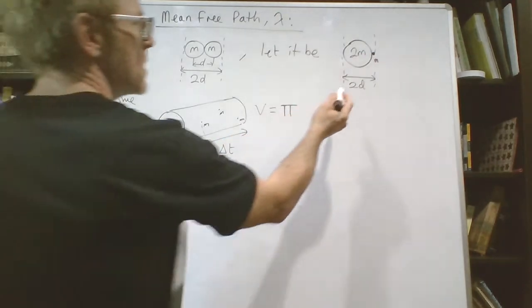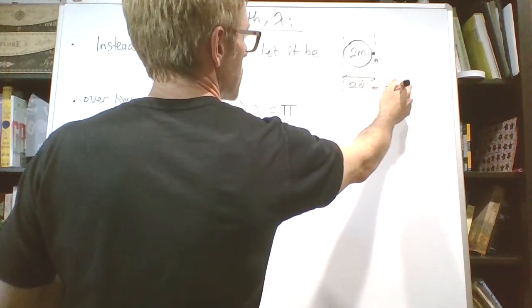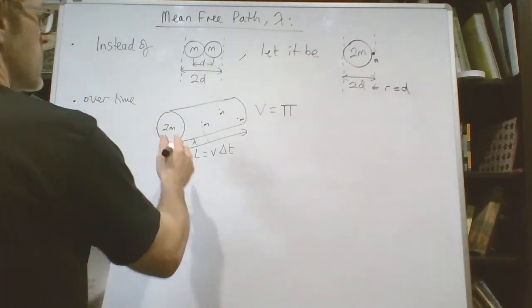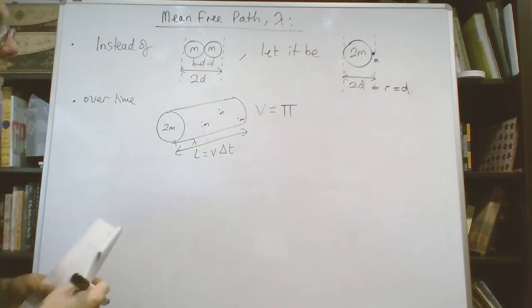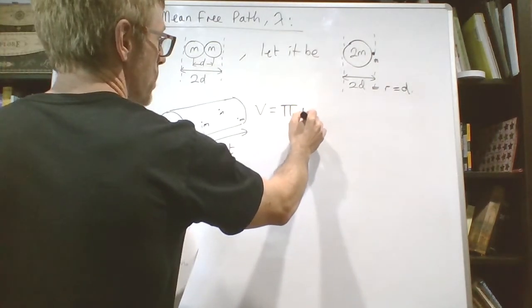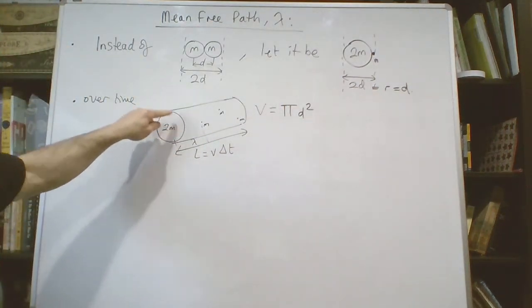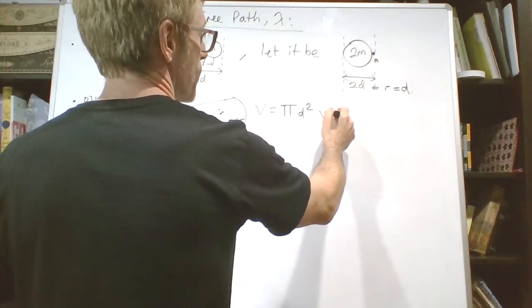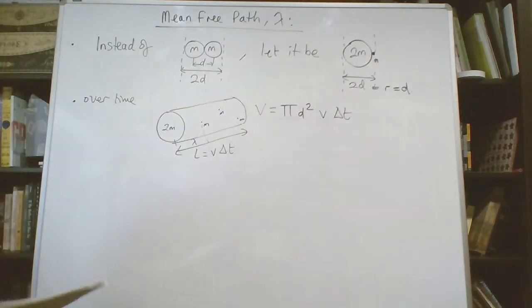So remember, this is 2d, so I know that the radius is equal to just 1d because the radius is half the diameter. So if the whole thing across the diameter here is 2d the way I've defined it, then the radius would just be d. So pi d squared, or pi r squared, that's the area of this circle, and then I've got to multiply it by the length to get the volume. But the length is v dt. So that's the volume.